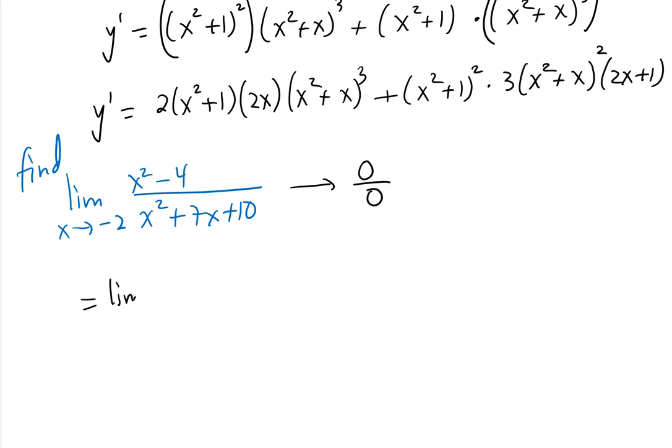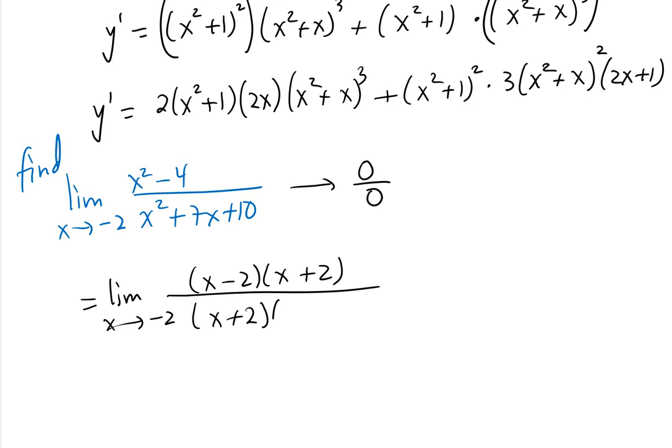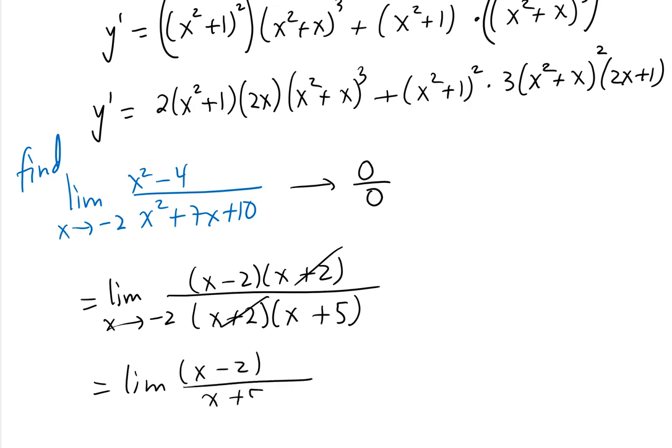So what we can do is factor the top, (x minus 2)(x plus 2), and factor the denominator, (x plus 2)(x plus 5). These cancel. Now all we have to do is find the limit of just this fraction as x approaches negative 2. If you plug in, you get negative 4 on the top and 3 on the bottom.